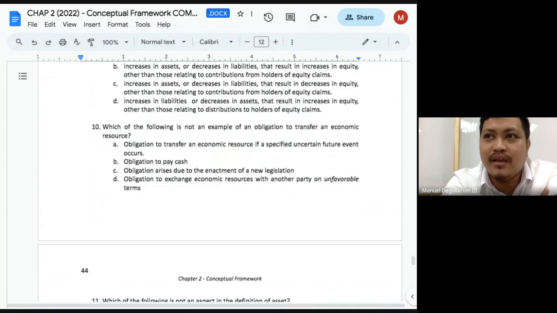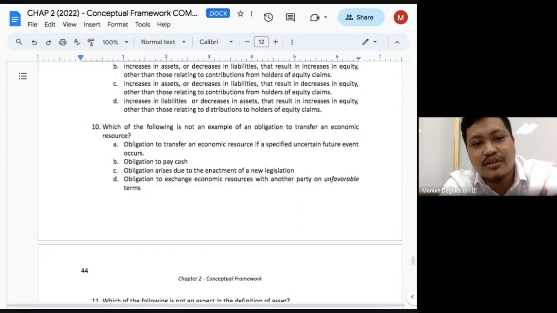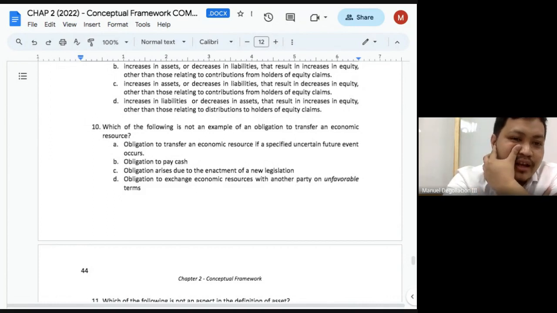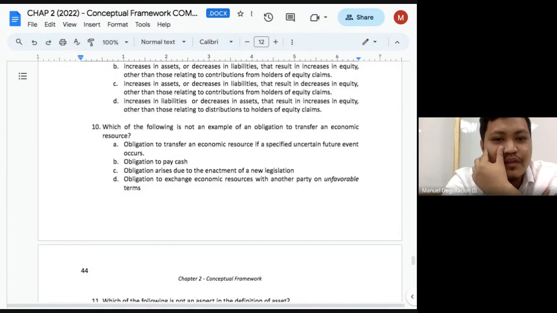There must be a receipt of economic resources. There must be an exchange. Okay. While all three other choices, class, are examples of obligations. An obligation to pay cash is definitely an obligation to transfer an economic resource. Okay, and for letter A, even though it is for a specified uncertain future event, that can still be considered as an obligation.